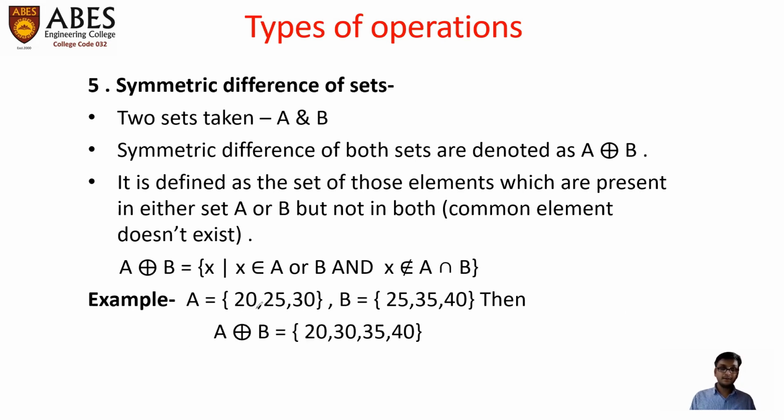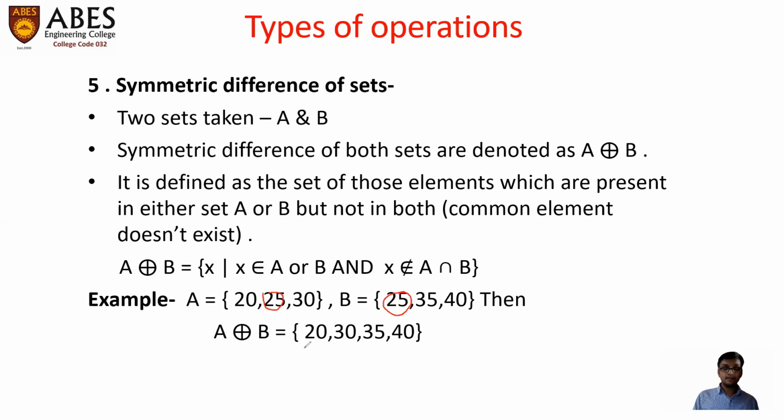Here is the example: A is 20, 25, 30 and B is 25, 35, 40. I see 25 is the element which is common in both sets. So I will ignore 25 and take all the remaining elements from set A or set B as the symmetric difference set.